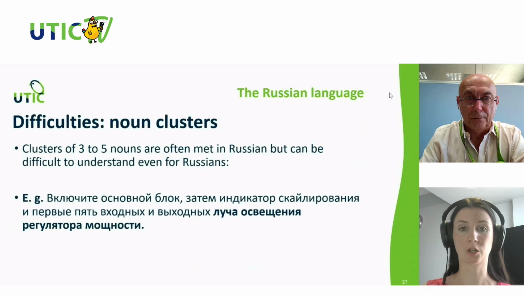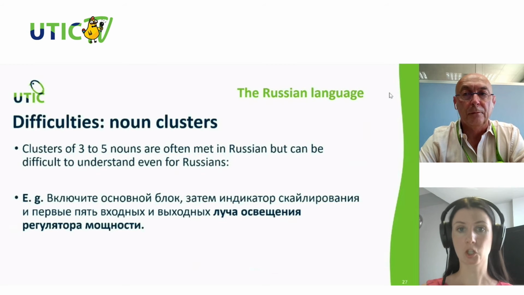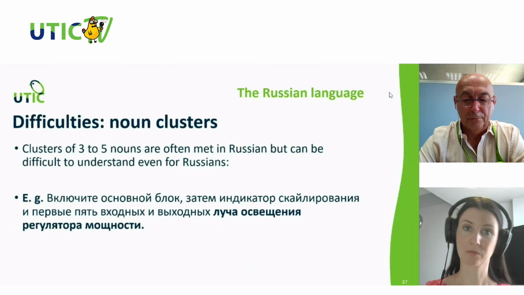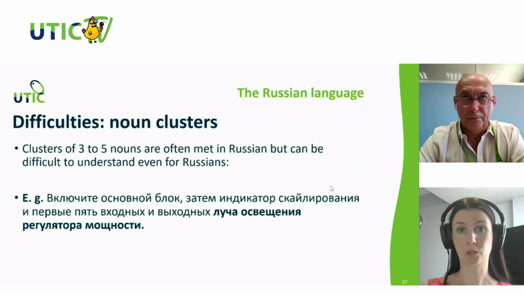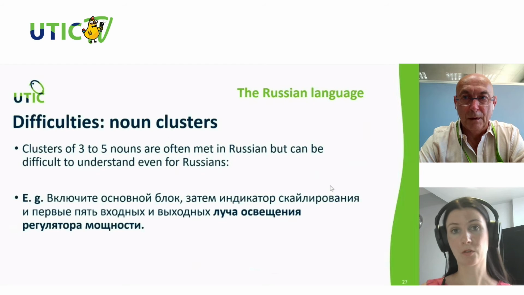For example, such a segment where the power regulator is described may contain a lot of phrases, a lot of sentences. So we should use more adjectives, more infinitive constructions, and avoid noun clusters, as we are talking about the application of Standard Technical English in translating from Russian into English and vice versa.